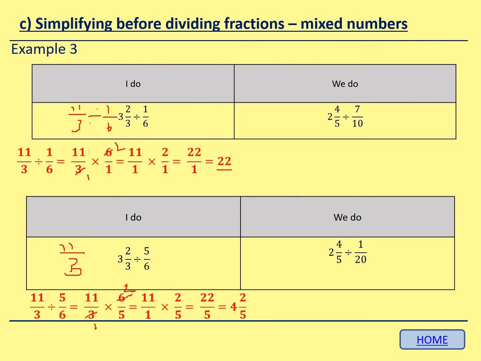So 11 times 2 is 22, 1 times 5 is 5. 5 doesn't go into 22, but 5 fours are 20 and there's 2 left over. So you do the next two. Okay, if you haven't paused the video, pause the video now.